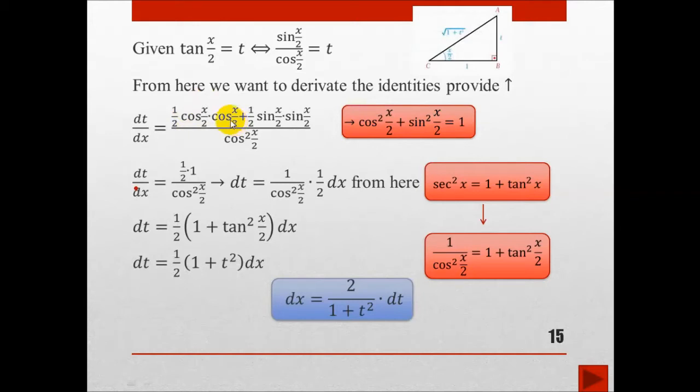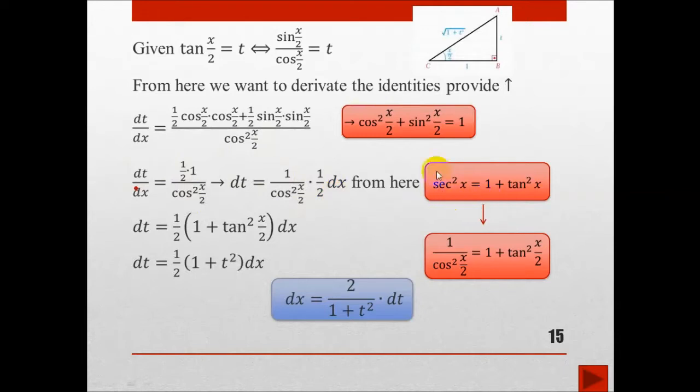This is equal to 1, so we get 1 over 2 times 1 over cosine squared x over 2. Then dt is equal to 1 over cosine squared x over 2 times 1 over 2 dx.